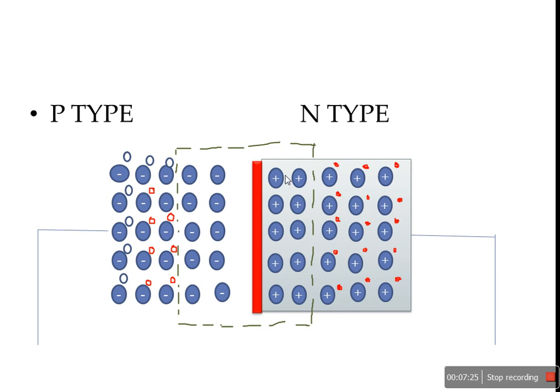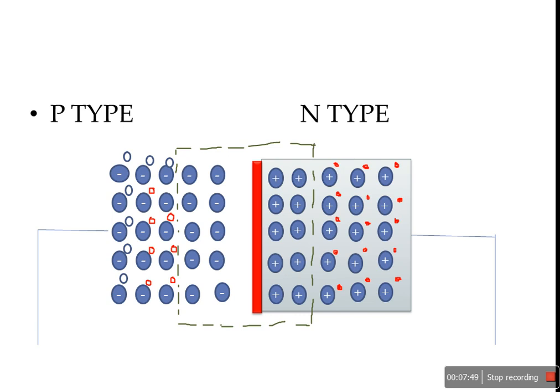Due to the presence of these positive and negative immobile charges, an electric field develops inside the depletion region, and this electric field is directed from N to P side.